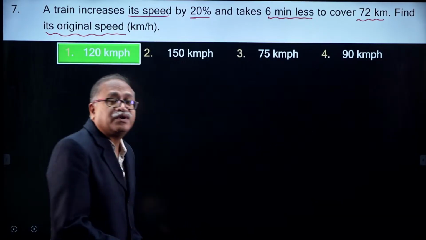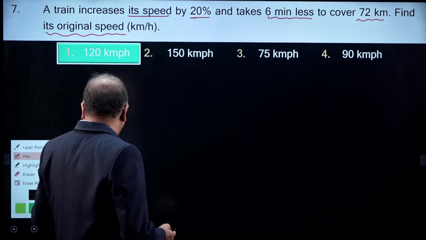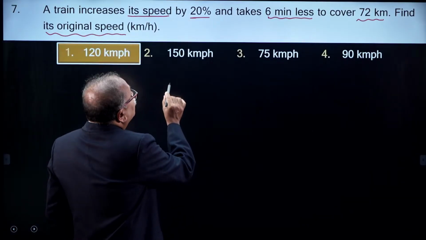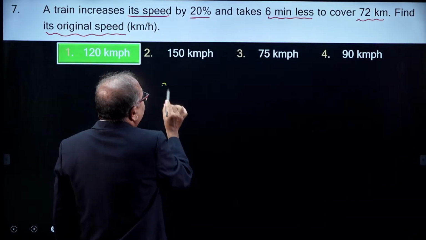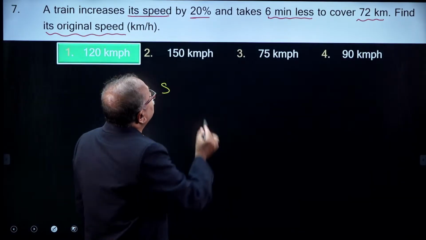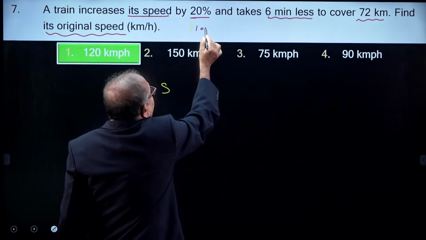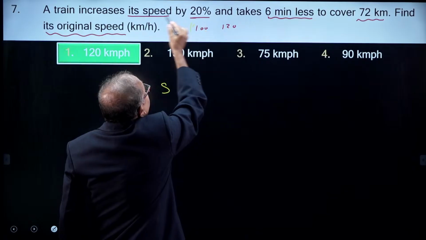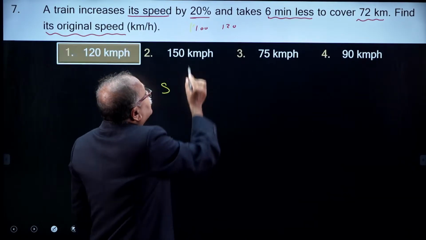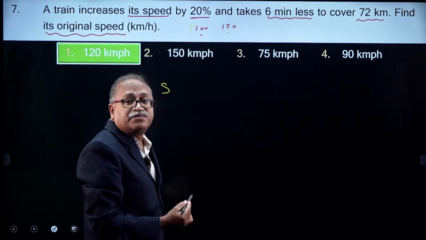See, the best way to answer the question: I know the speed ratio. Earlier if it is 100, now it is 120, increased by 20%. That means 5:6 is the ratio of speed.